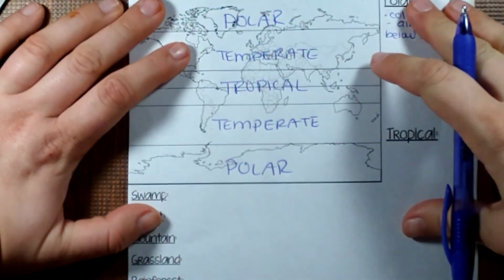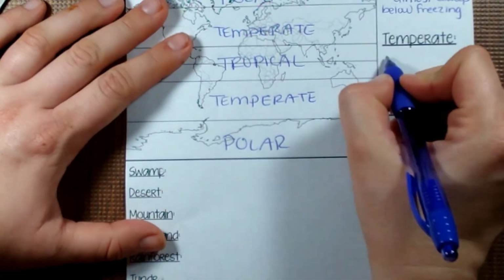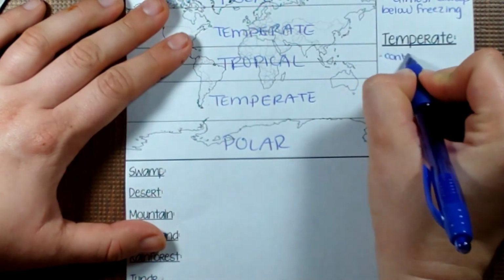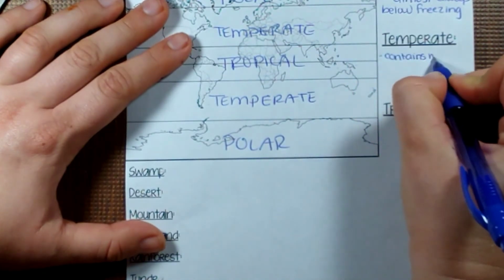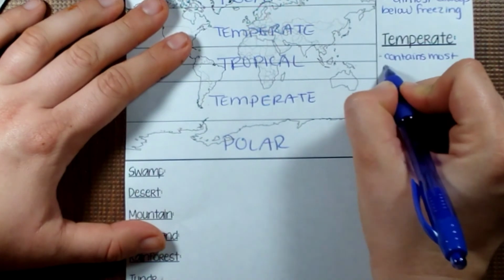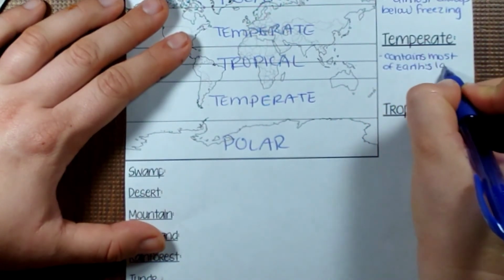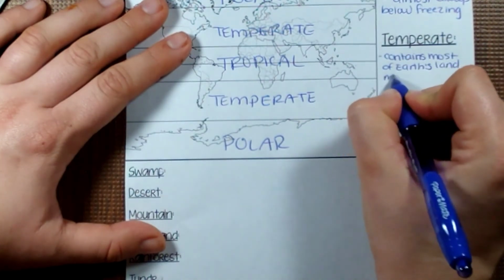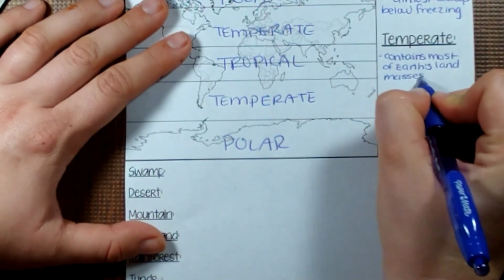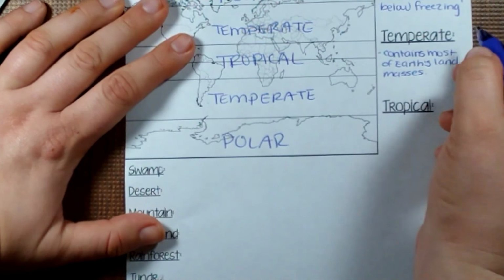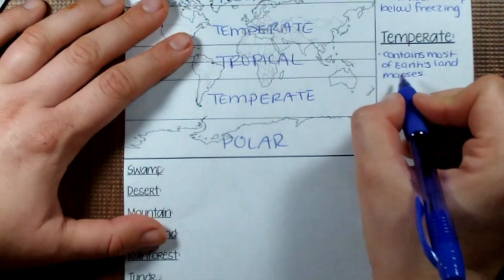Temperate contains most of Earth's largest land masses. More moderate temperatures and rainfall year-round.